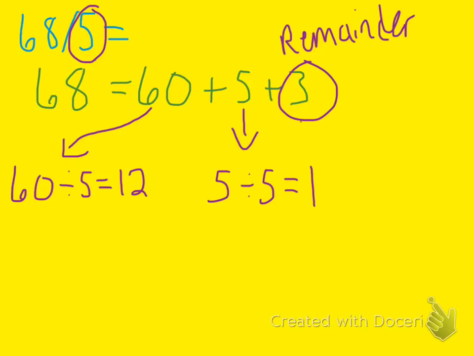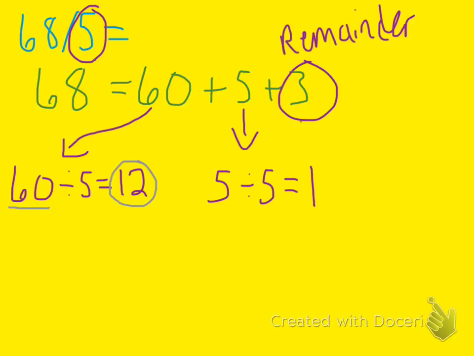All right, we're almost to our last step here. So 68 is our starting number. If I have 68 candy bars, I'm splitting those between 5 people. The first time, if we just looked at our 60 divided by 5, we could give each person 12 candy bars.